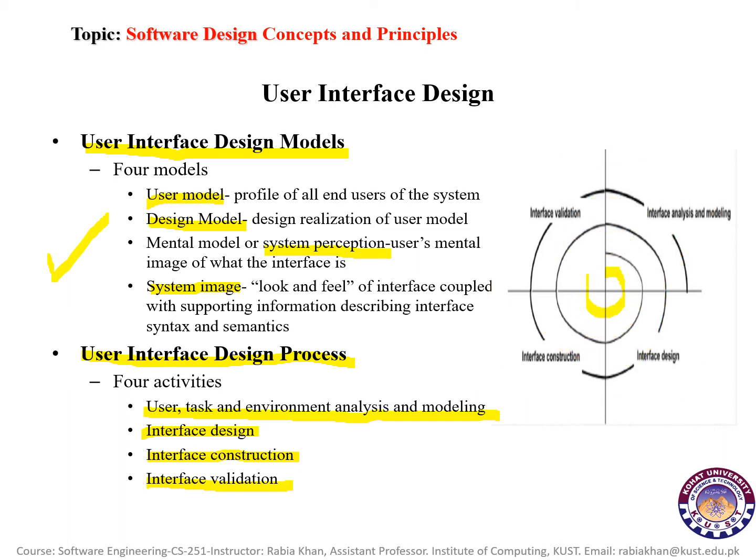Let me redraw it here. Starting from a small scale like this, it moves on and on until you develop a final design which is quite detailed. So you start from an abstract design and move towards more refinement, with every pass around the spiral representing additional elaboration of requirements and the resulting design. The more you move on the spiral, the more elaborations are highlighted in your designs.